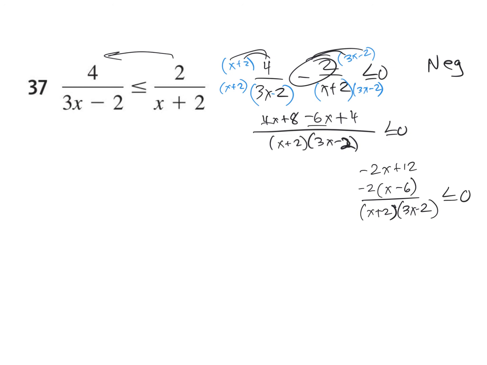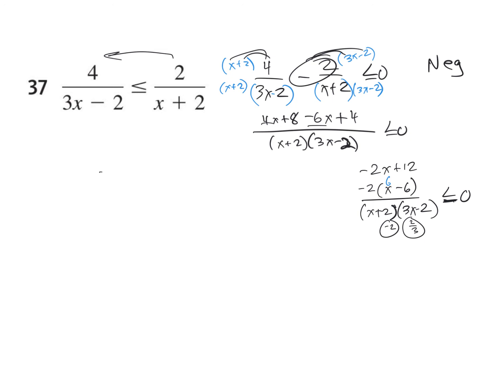So our numbers, negative 2 and positive 2/3, those will be open because that's what makes your denominator go to 0. And that's not a possibility. So those are going to be open. But because of the equal sign here, whatever makes the numerator go to 0, in this case, a positive 6, will make your numerator go to 0. That will be a closed circle.